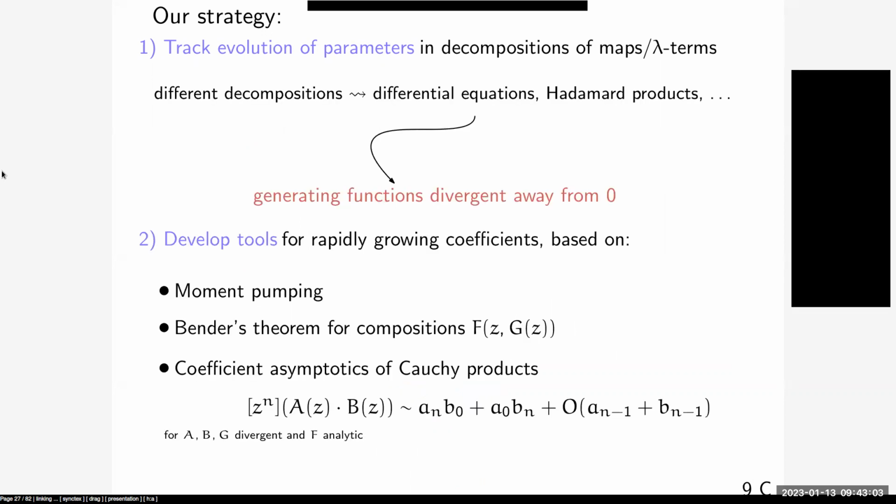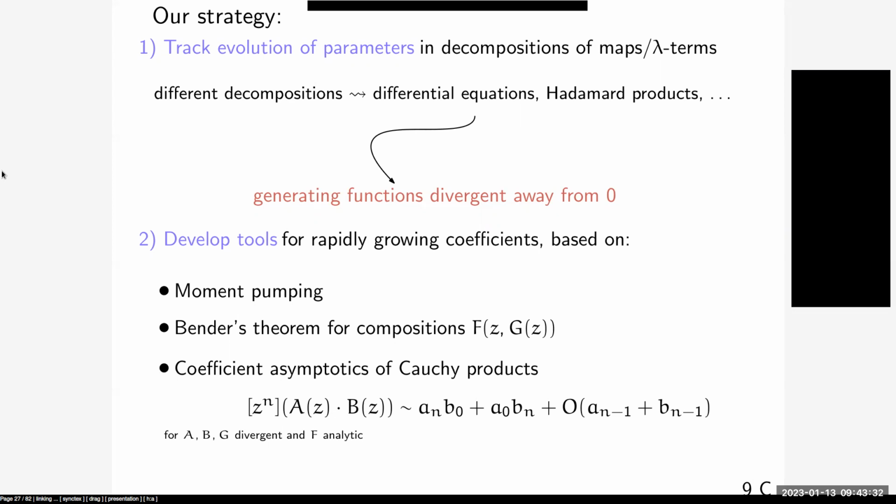So once we have found a good decomposition, we have found a way to specify our desired generating functions, etc. We obtain some kind of a specification based on perhaps differential equations, Hadamard products, etc. And invariably, the solution, the power series solution to this kind of equation that we're interested in, is always some kind of generating function divergent away from zero.